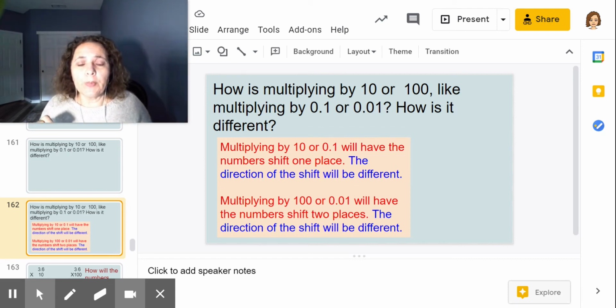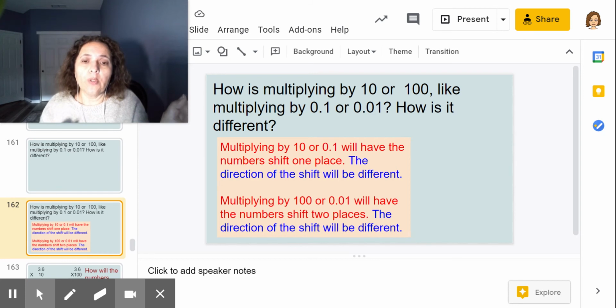When you multiply by 100 or 100th, you'll have 2 shifts, right? The numbers are going to shift twice. But when you multiply by 100, it's going to shift over 2 places to the left. And when you multiply by 100th, it's going to shift over 2 places to the right.